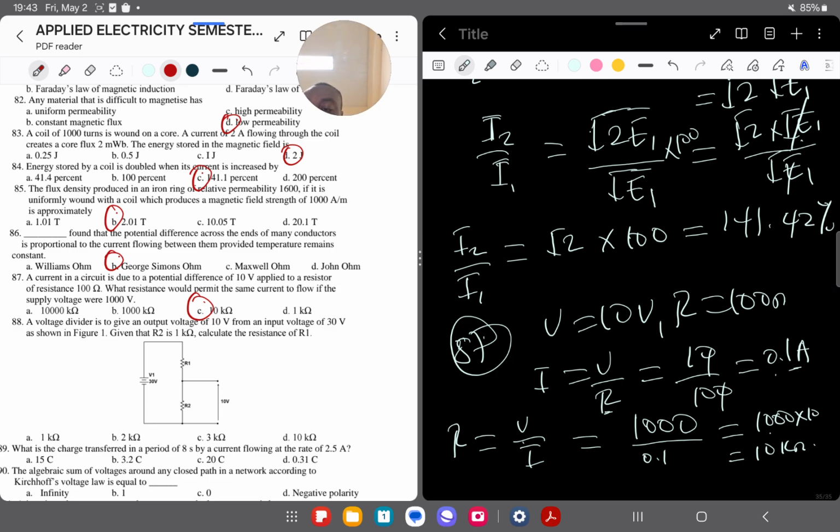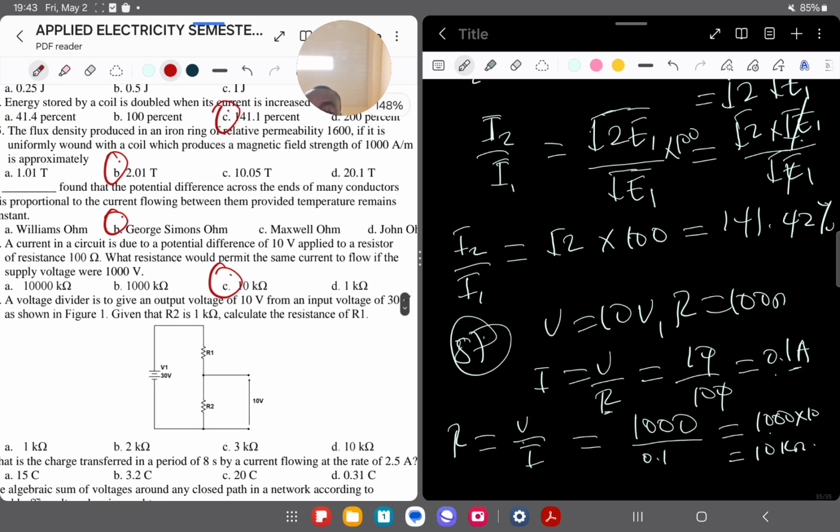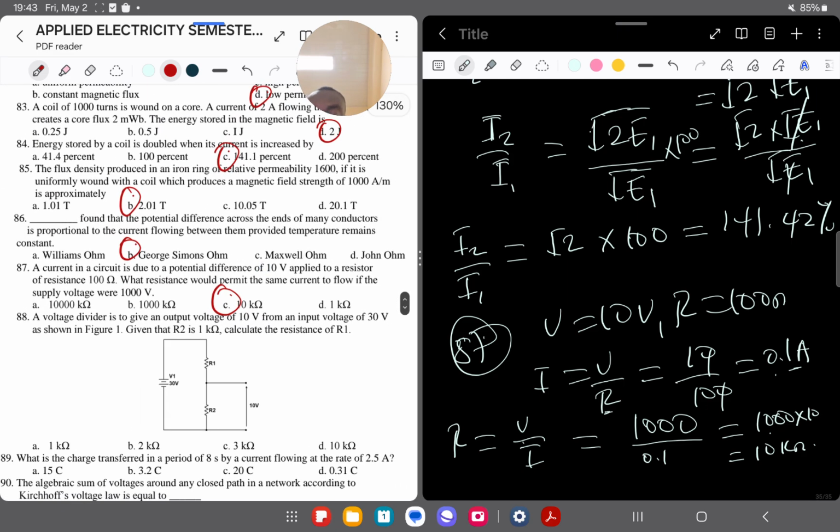Question 88. A voltage divider is to give an output voltage of 10 volts from an input voltage of 30 volts, as shown in the figure. Given that R2 is 1 kilo ohms, calculate the resistance of R1. So we are interested in the resistance of R1.